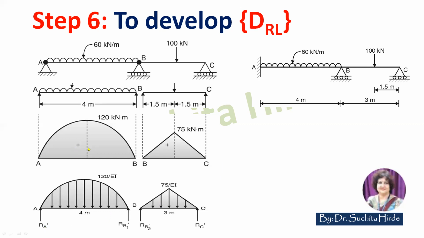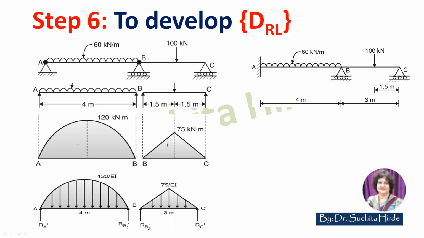Now we are considering this bending moment diagram as load on the conjugate beam. Since we are interested in calculating slopes at A and B, we have to calculate these reactions. So let us first calculate RA dash, RB1 dash and RB2 dash.